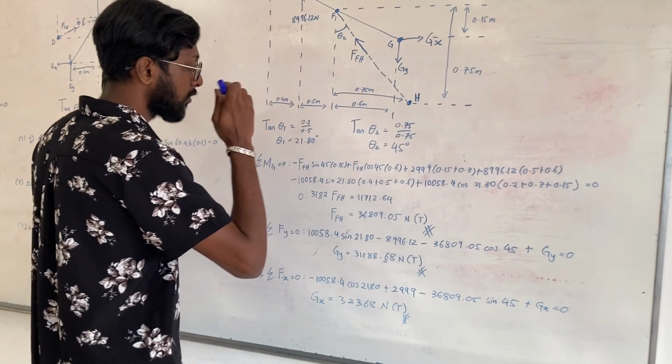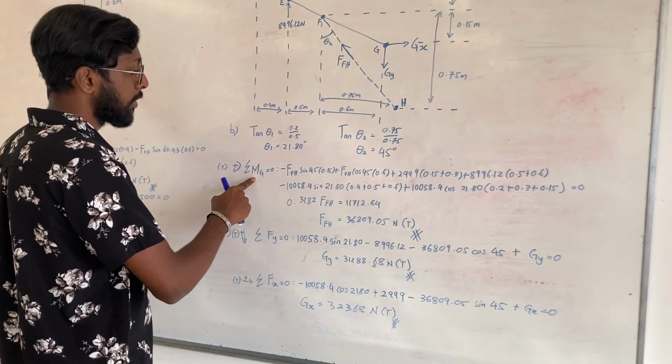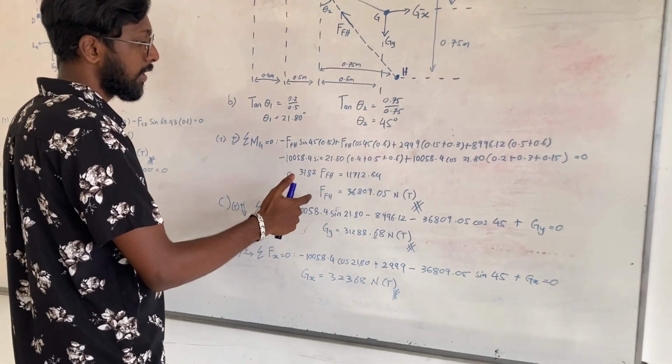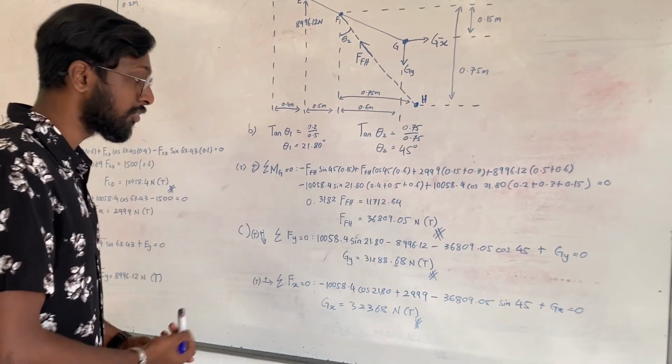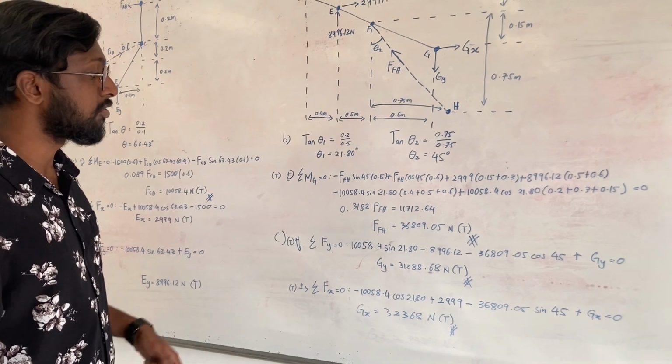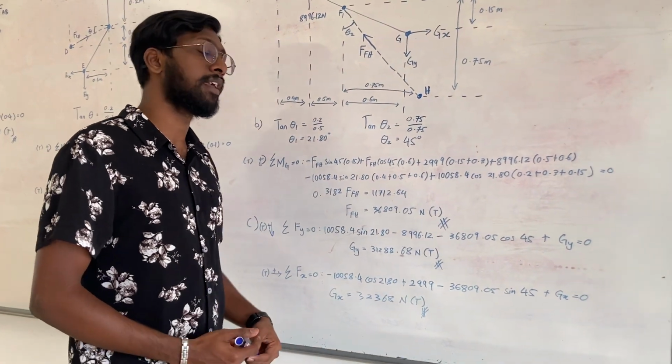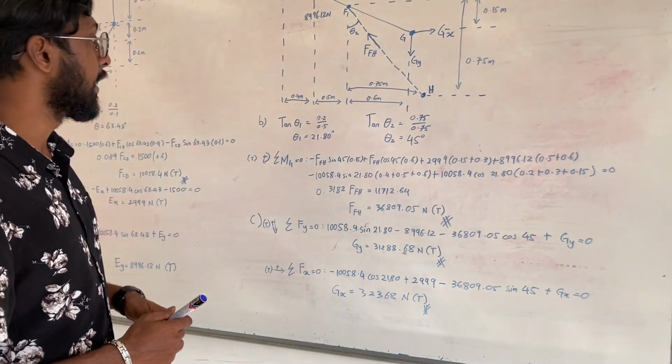We find all the forces acting about moment about point G, and you will get this equation. Solve the equation and you will get force FH equals 6809.05 Newton in tensile.